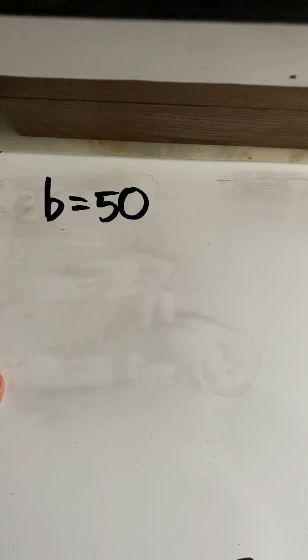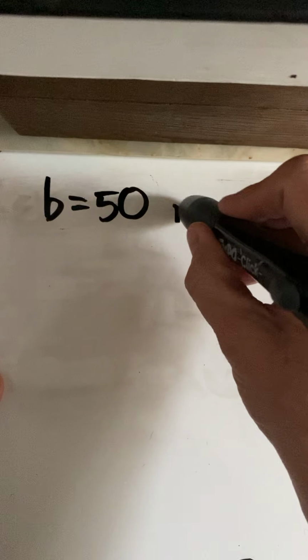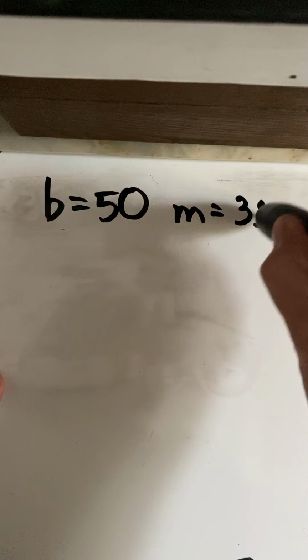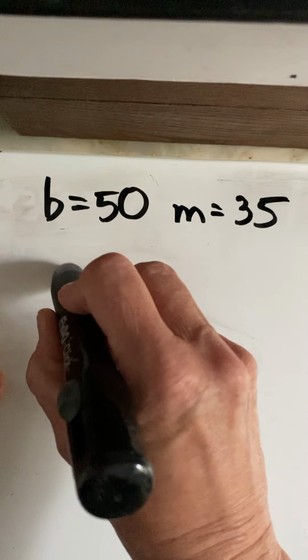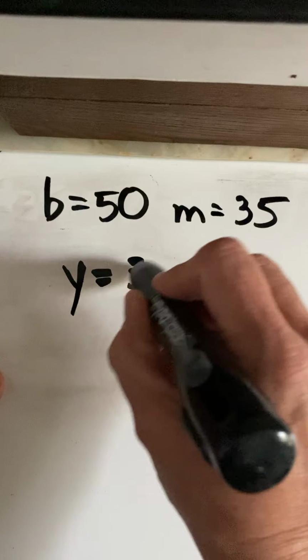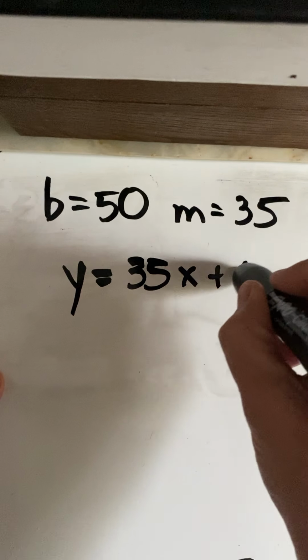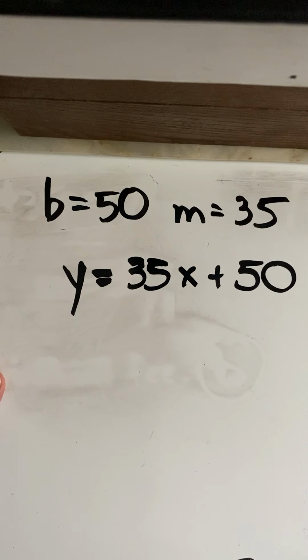And cost per hour, that means m equals 35. So to write this as an equation where cost is a function of time, that means solve for y. So y equals 35x plus 50. Okay, so that would be my equation with cost as a function of time.